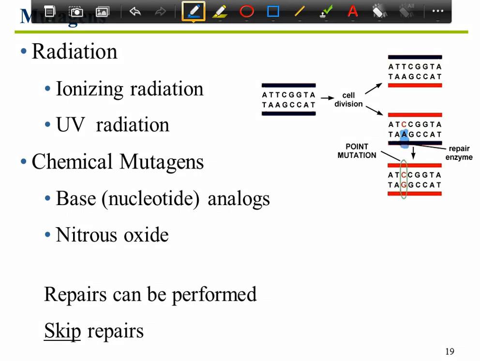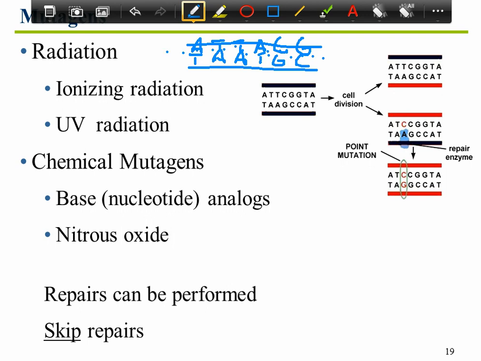Let me draw a section because I don't have an example here. Here is a DNA double strand, and let me put a base sequence here, and the strand on the other side. Remember that there should be hydrogen bonding right here between the bases, holding the two strands together.